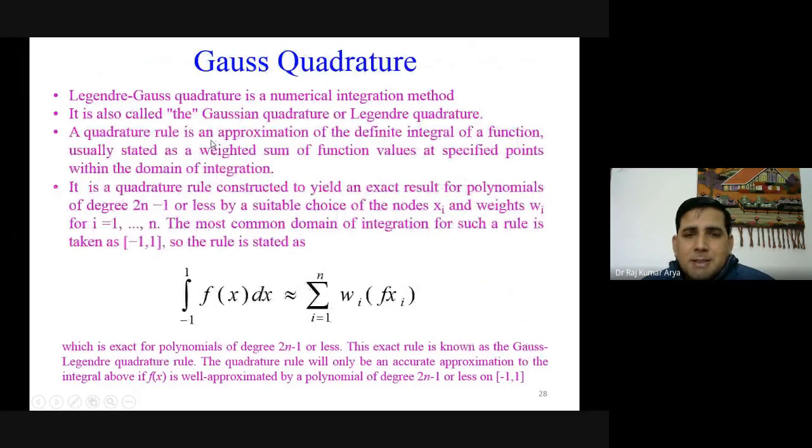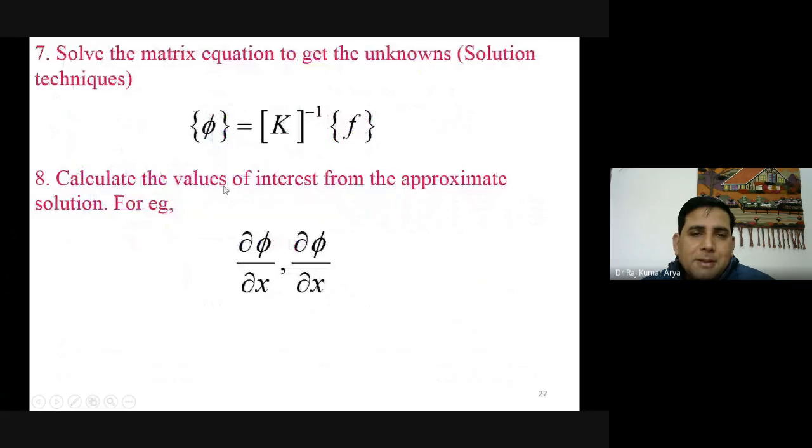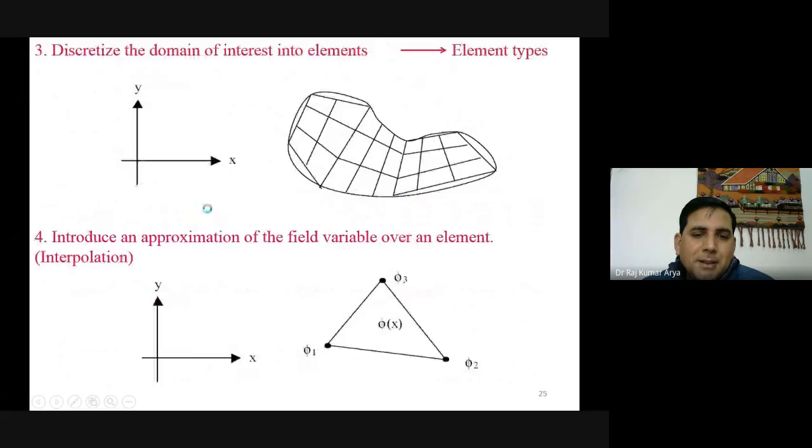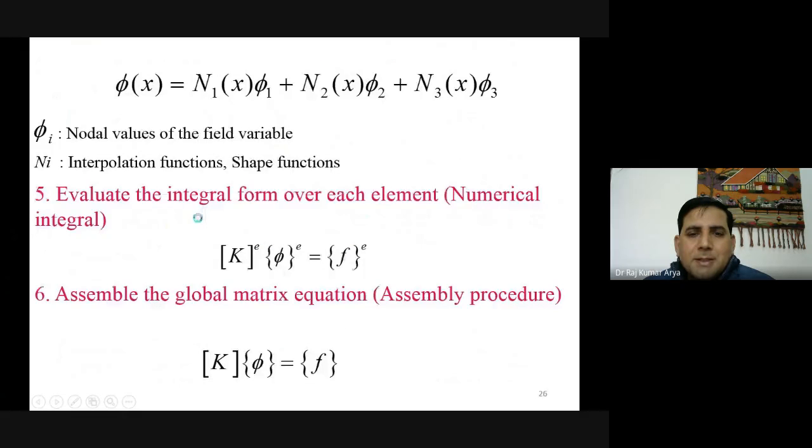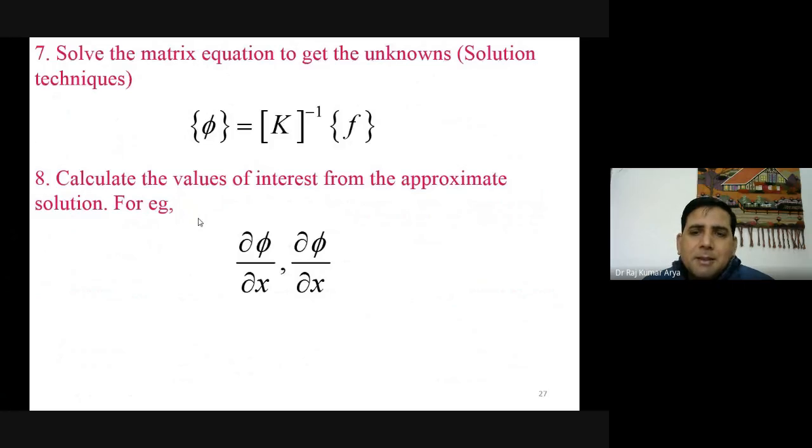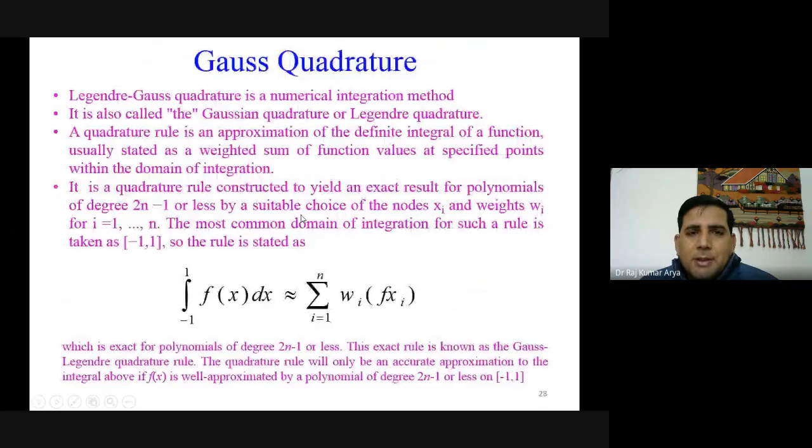Once you have generated this, the equation ends up in some integral format, and that needs to be integrated. You already know several methods for integration, right? You know some of them.